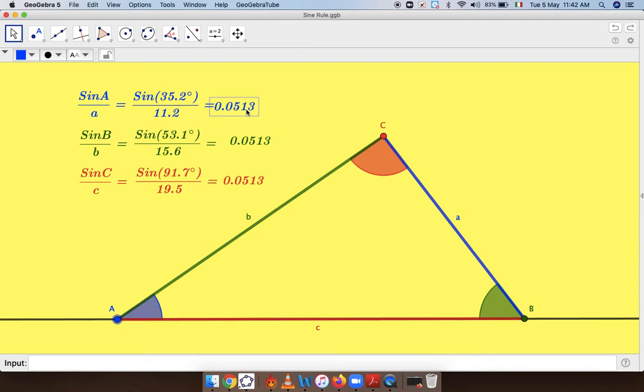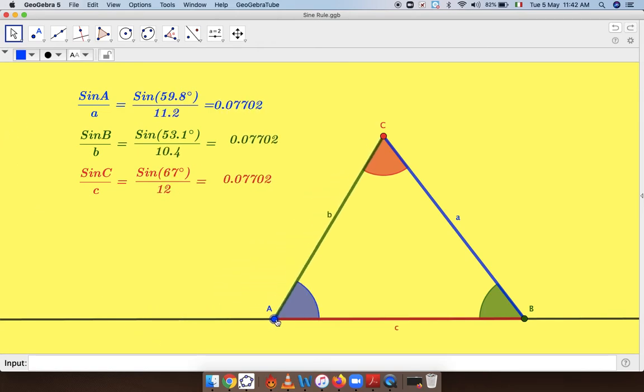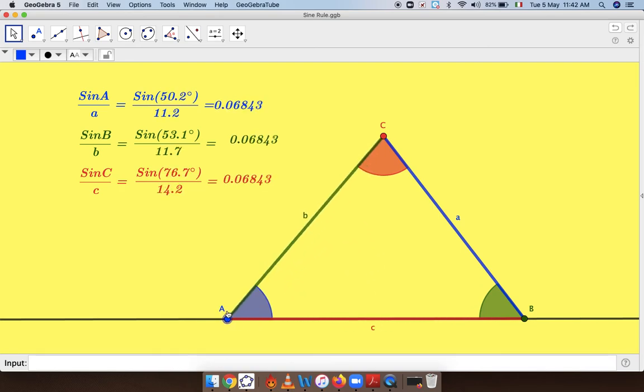But as it changes, that proportion for angle B and side length b, the side length b changes, but it doesn't change the overall fraction. That doesn't change the ratio. Those two ratios are always going to be the same no matter what I do with this triangle. And that's what the sine rule tells us.